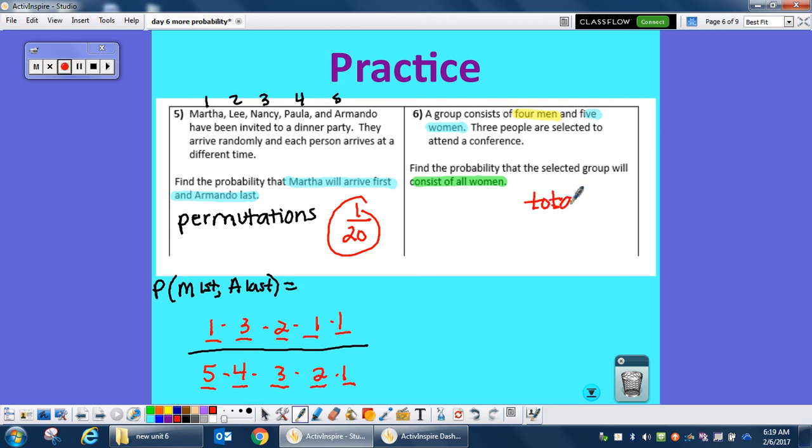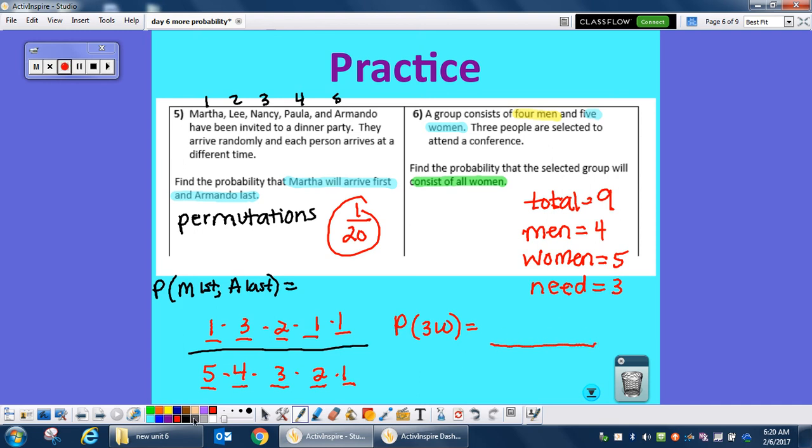Your total number of people is 4 men and 5 women, which makes 9. And then you have 4 men. And then we need 3. All right, so the probability of 3 women.